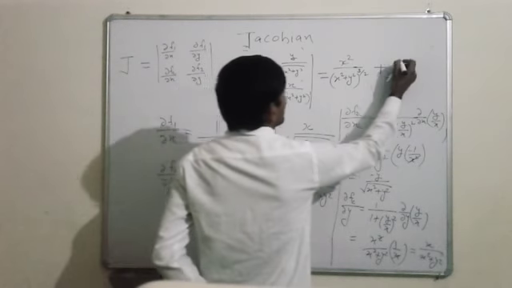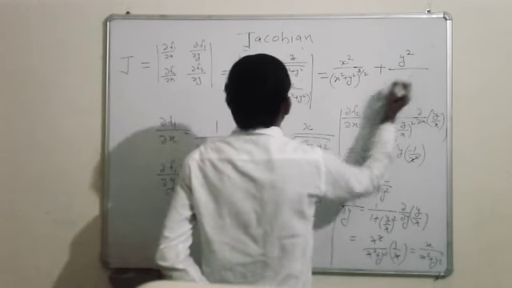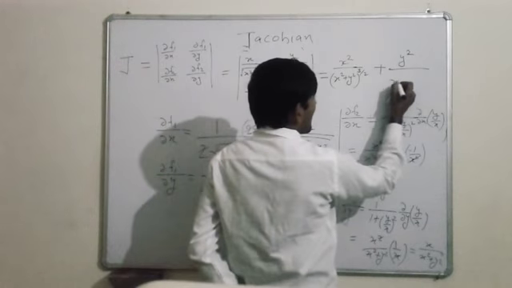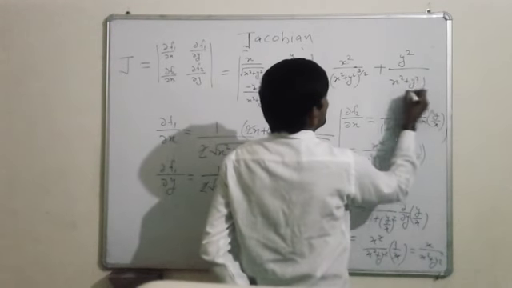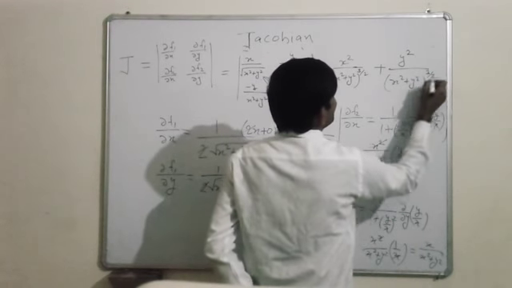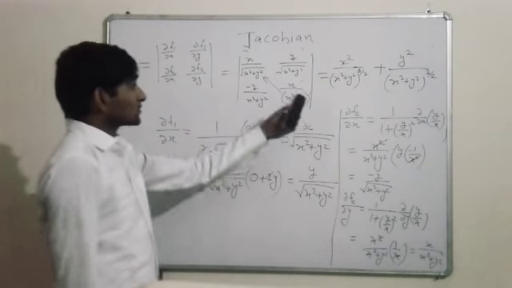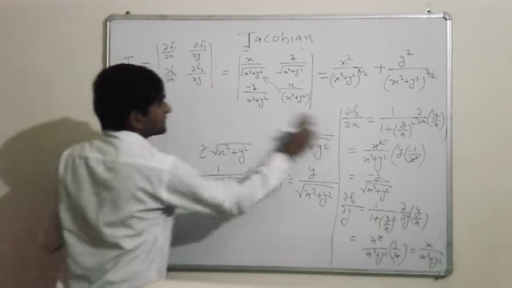So we write y² over the same, (x² + y²) to the power 3/2.